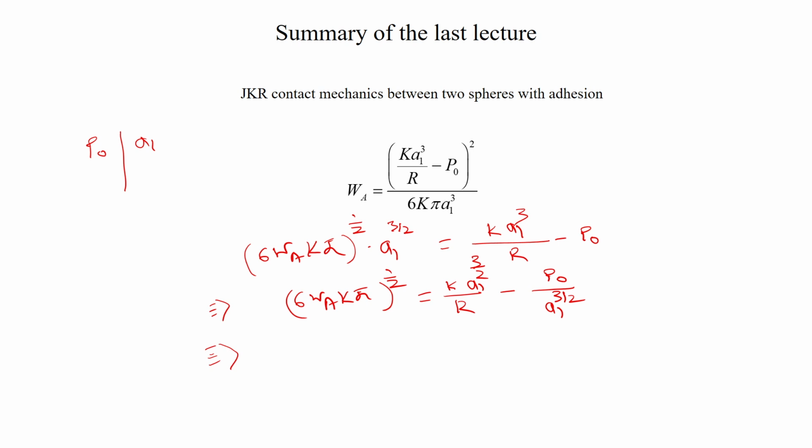Then I will write it a little differently. Let us say I write it as A1 to the power 3 by 2 by R, with P0 taken to the other side, equal to 1 by K times P0 by A1 to the power 3 by 2, plus, since I have taken K to the other side, the square root of 6 WA pi by K. So I have taken this term to the left hand side and divided everything by capital K, and I now have 1 by K into P0 by A1 to the power 3 by 2.